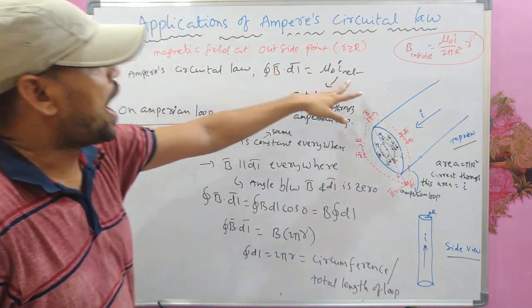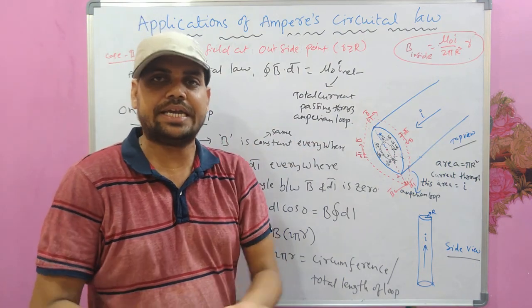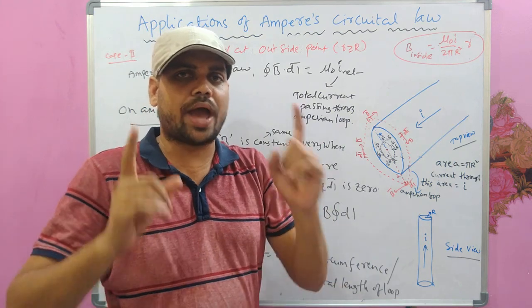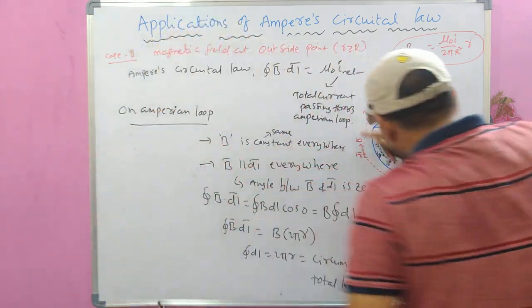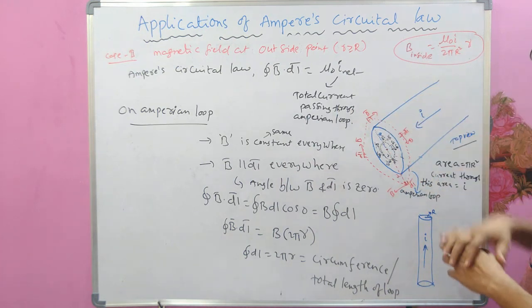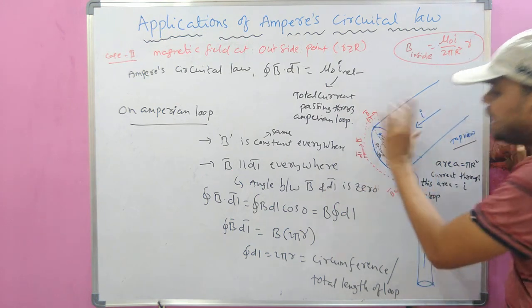Now what is I net for this case? What is I net actually? The total current passing through Amperian loop. Now our Amperian loop is this red color. Now the wire is actually inside this.